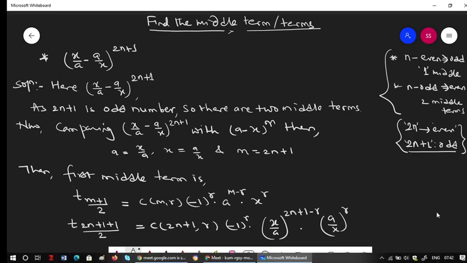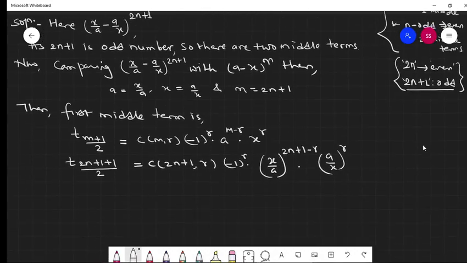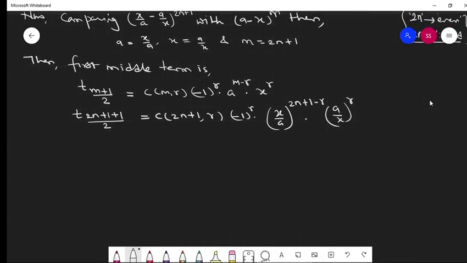Then, dear students, after this step, or T of (2n plus 2) by 2, 2n plus 2 by 2 is common, n plus 1. We find n plus 1. Let me solve that: 2n plus 1 plus 2 by 2 equals, 2 is common, n plus 1 by 2... equals n plus 1.